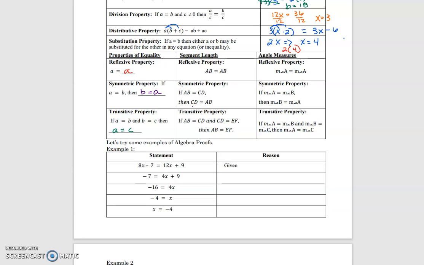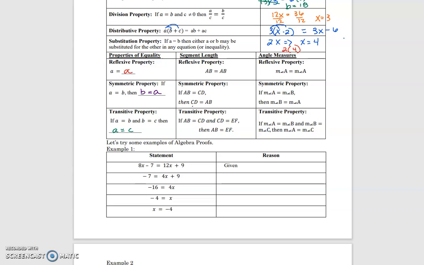That's what the transitive property is getting at. So if A is equal to B and B is also equal to C, then A has to be equal to C because they're both equal to B. And it works for segments and it works for angles.